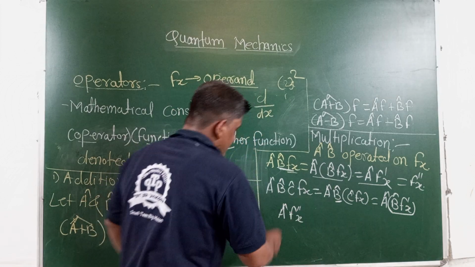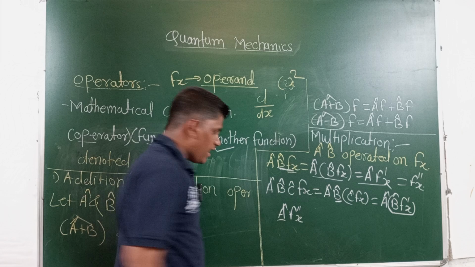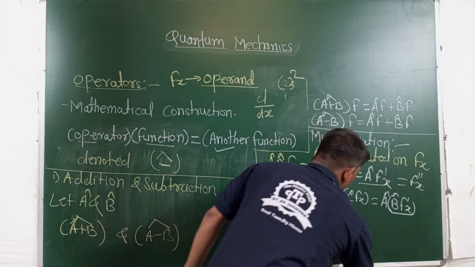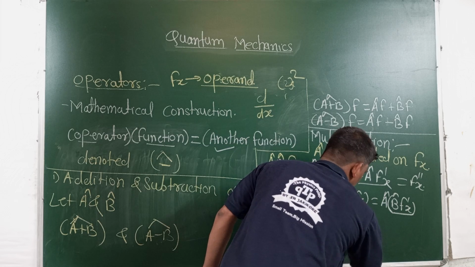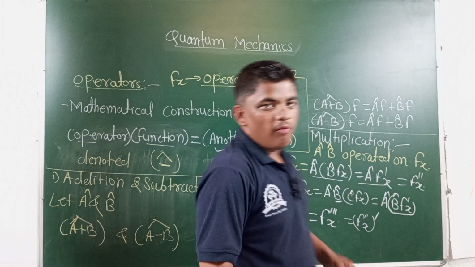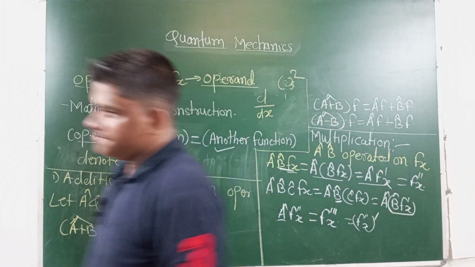Then the last operator I operate on it, a cap, and we get f triple dash of x. Okay, this is the multiplication of operators.